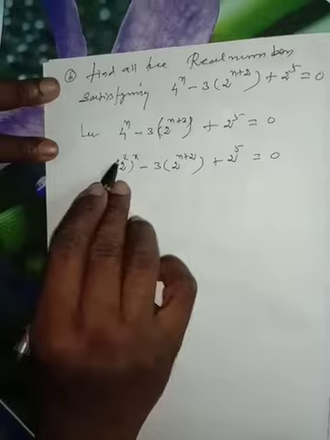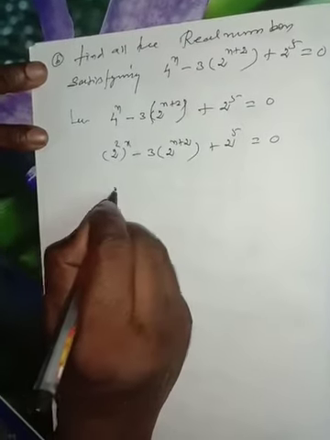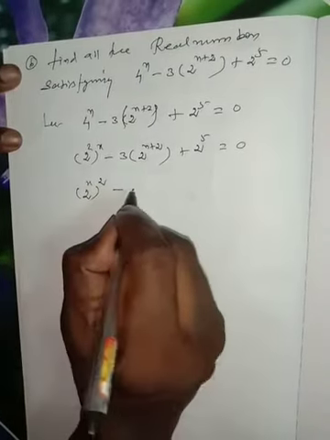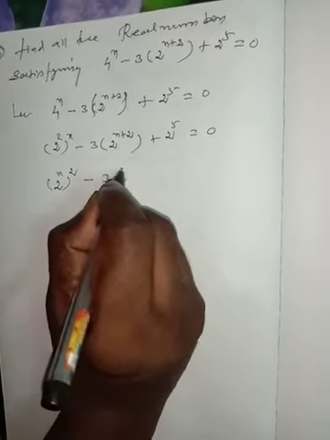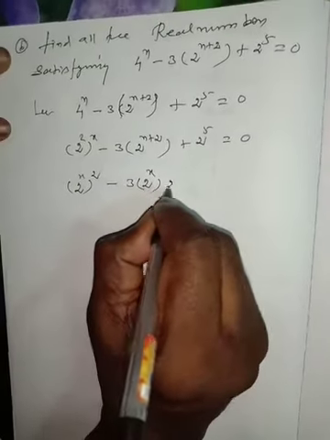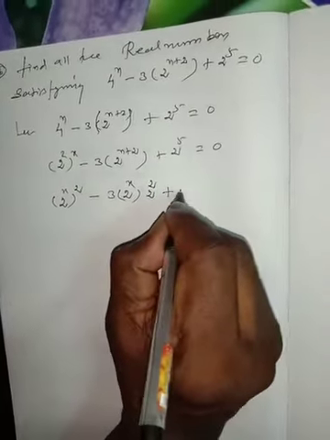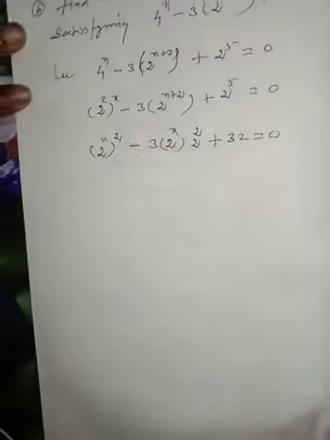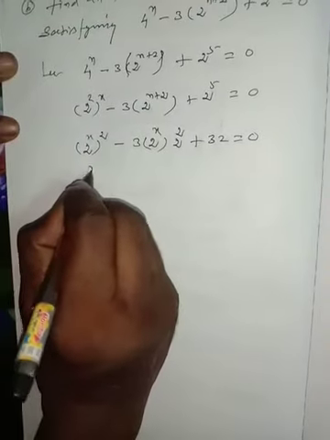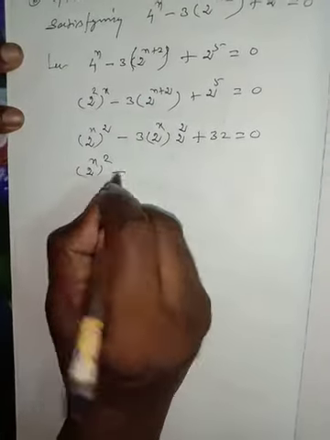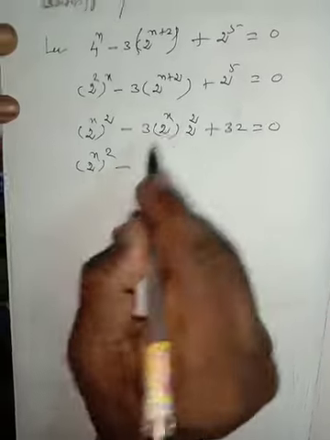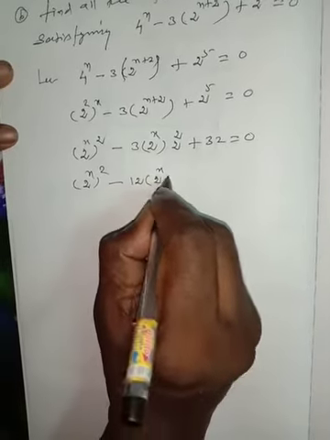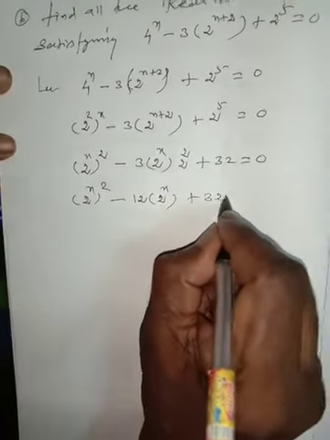So 2 to the power of x whole to the power of 2 minus 3 into 2 to the power of x into 2 to the power of 2 plus 2 to the power of 5 is 32 is equal to 0. Now 2 to the power of x whole square minus 12 into 2 to the power of x plus 32 is equal to 0.